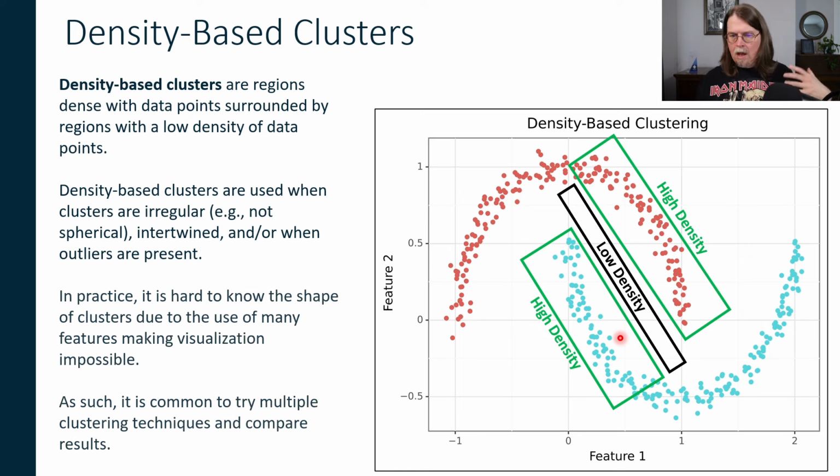Now, here's the thing. Geez, Dave, how will I know if I have spherical clusters or weird shaped clusters like this? And the answer is you can't. Quite frankly, you won't be able to know this with any sort of certainty except for the most ridiculously simple of data sets, something like this. If you have 100 columns and 100,000 rows, let's say, you won't be able to know if your clusters are spherical or if they're oddly shaped like this. So it's considered a best practice to try several different techniques.